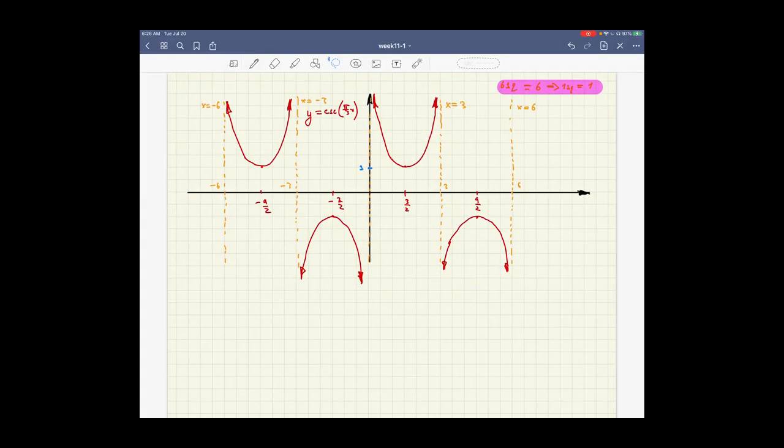So this will be the graph of 4 times cosecant of pi over 3x. I need to redraw the curves.